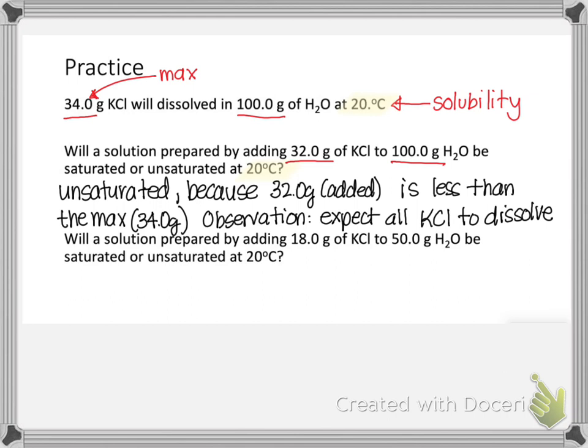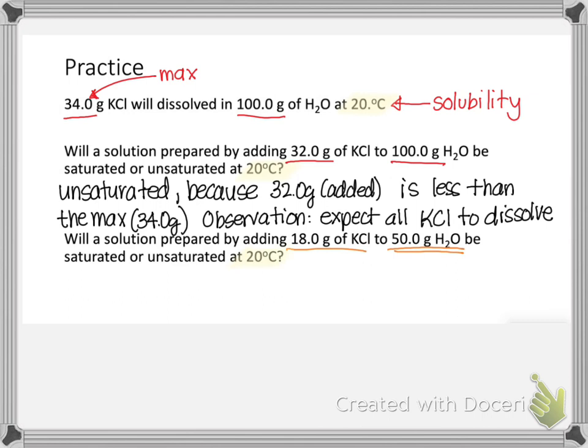Then the second one says, and if you want to pause, I should have mentioned it before, but if you wanted to try to answer before listening, you could pause on this one. So it said, will a solution prepared by adding 18 grams of KCl to 50 grams of water be saturated or unsaturated at 20 degrees? So again, all of these are at 20, so that's okay.